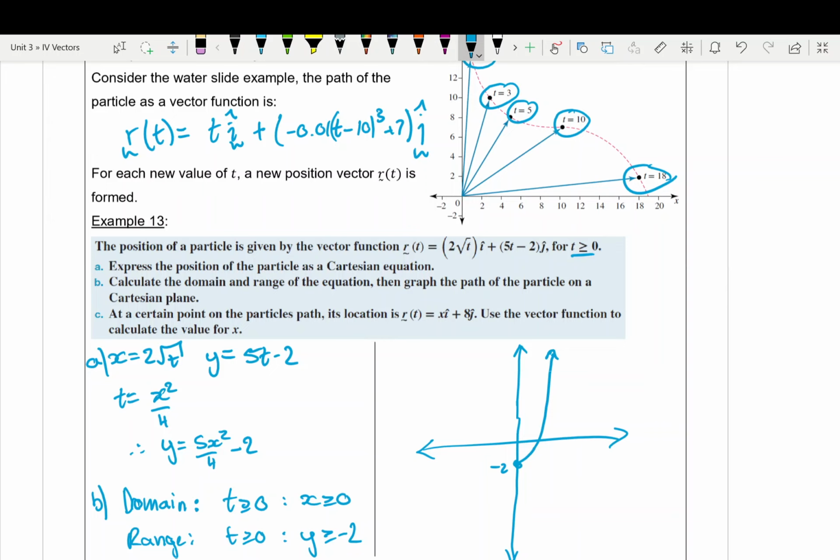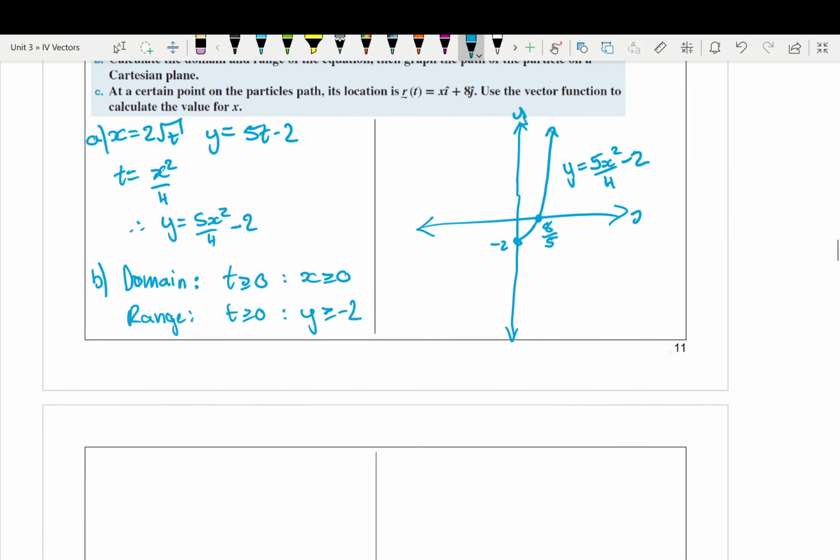Okay, and it's going to have Cartesian equation y equals 5x squared on 4 take 2. And we're going to have x and y axes. And this point here, when y equals 0, is going to be 2 times 4 is 8 divided by 5. So that's going to be 8/5. All right, and that is the path of the particle on a Cartesian plane.